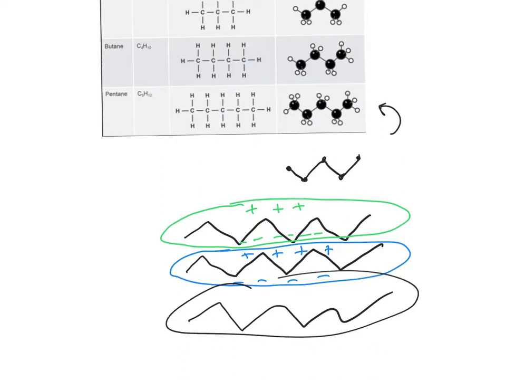So you've got this situation where these London forces are getting larger and larger because the size of this electron cloud is getting bigger. And then the interaction between them is getting stronger as the chain length increases. And they tend to stick together.